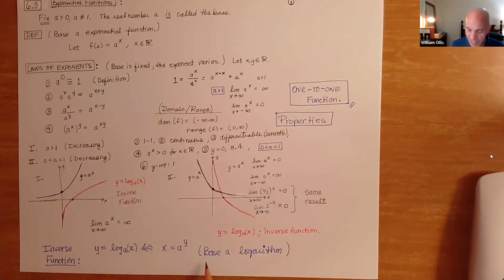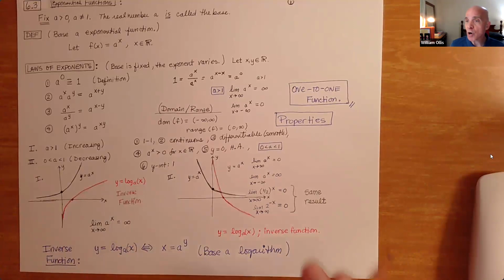So as we will see, the base A logarithm of x is just a power of the base A. So when we think of y as being a base A logarithm of x, it is basically the power of A that equals x. So we get x equals a to the y. So what we can think of in this particular case is, since we start with an exponential function and we want to think of a reverse path, we actually end up with the power of the base when we go into the reverse path.